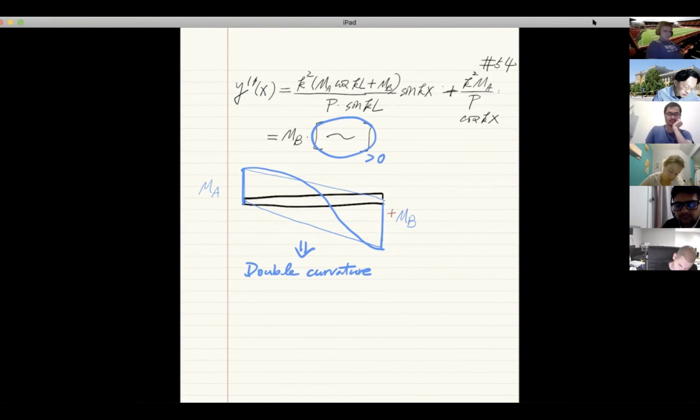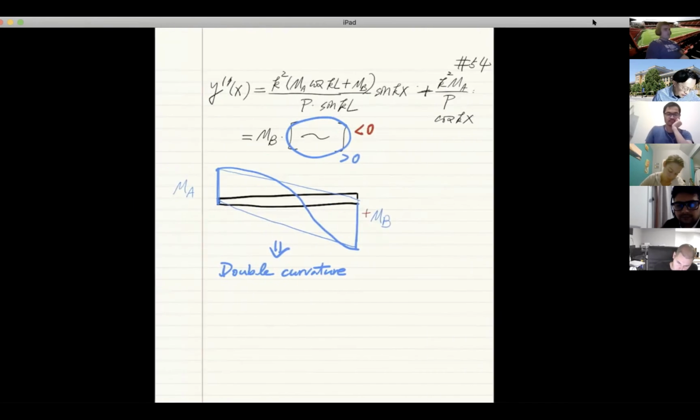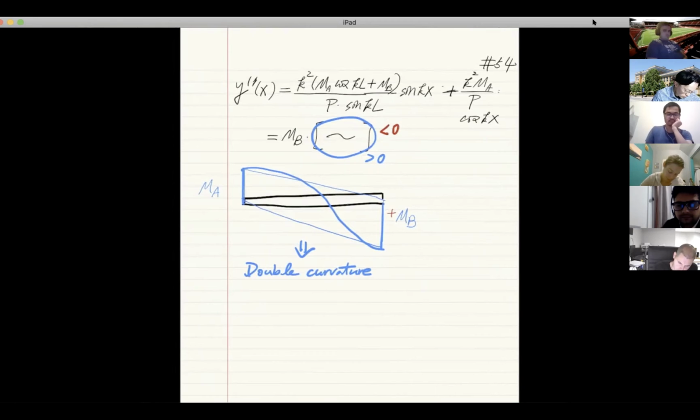What happens if the sign becomes negative? If the sign becomes negative, your MA is still here because that's a positive definition of MA. So MA is still here. MB this time will change from positive to negative.